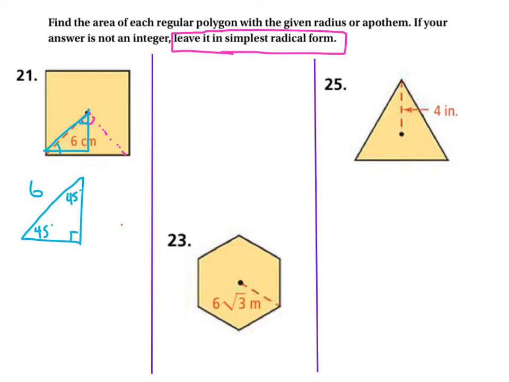And if you remember, we need to find out what the leg is. Well, 6 is equal to x root 2 when x is the leg, okay? So how do we solve that?